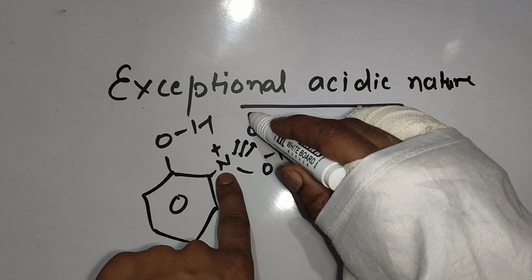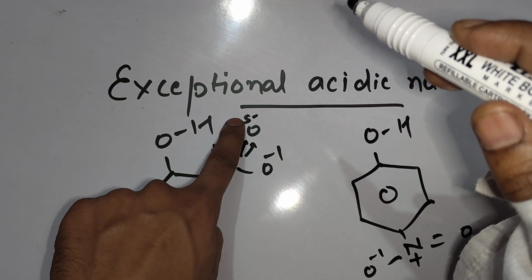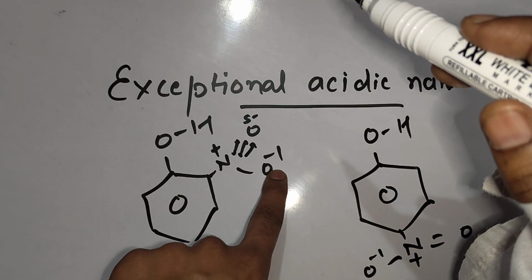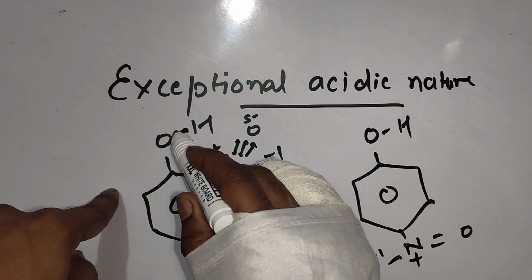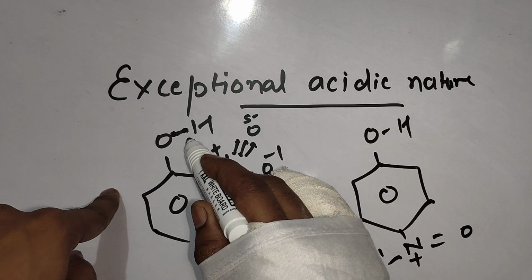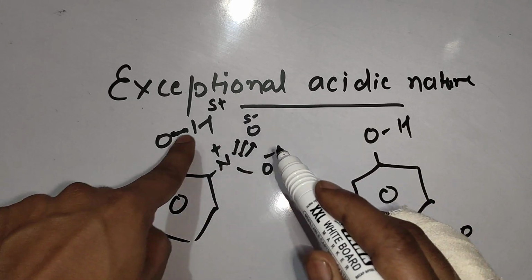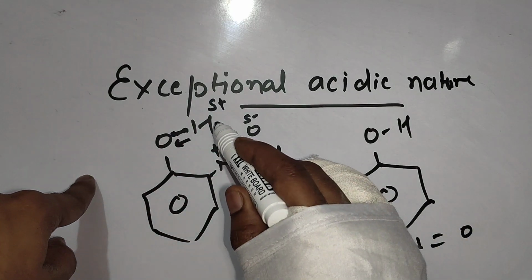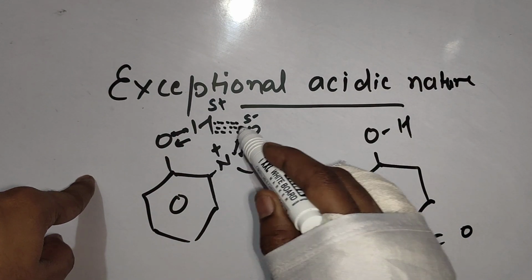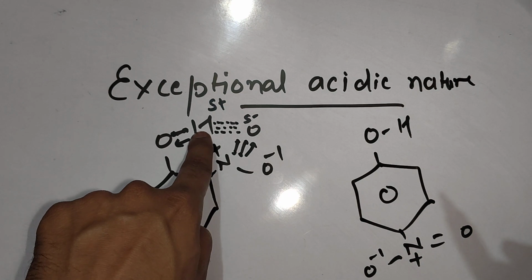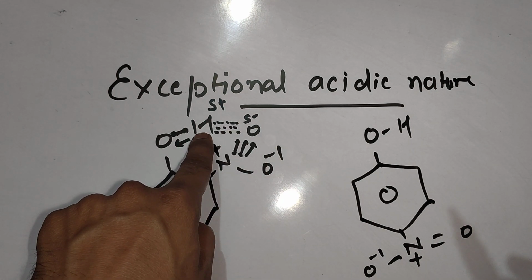So this oxygen is carrying partial negative charge, and this oxygen is carrying complete negative charge. So this hydrogen, because it is connected with oxygen, its electrons are toward the oxygen side. It is highly positive. So this positive and this negative have some attraction, due to which this hydrogen will be held by the oxygen and release of H positive will become difficult.